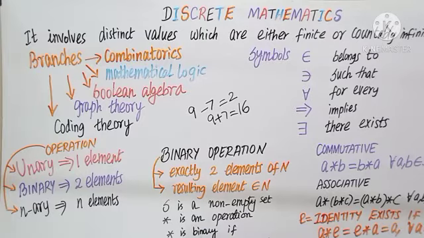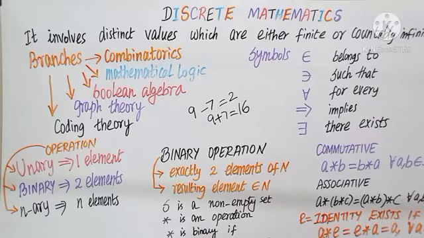Binary operation, we mainly say two ideas. It exactly involves two elements of natural numbers. Capital N stands for natural numbers. The resulting element is also a natural number. To be specific, I can also define it like this. To define an operation, I must have a set first of all.